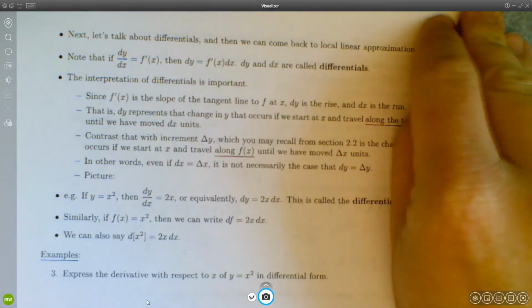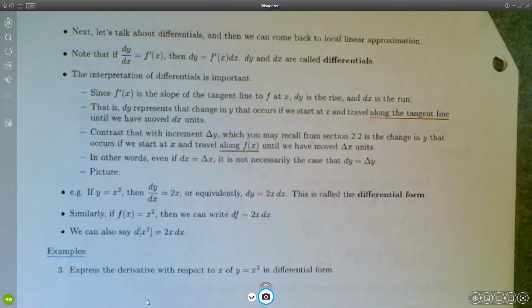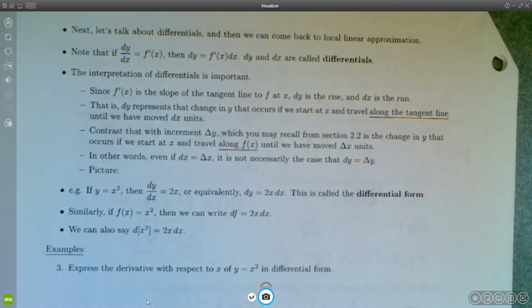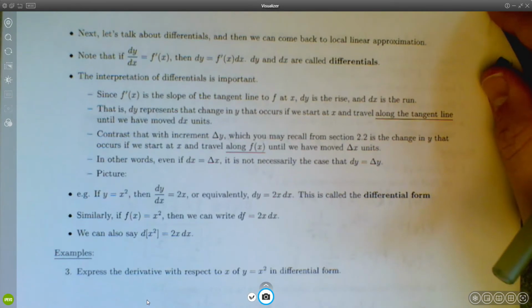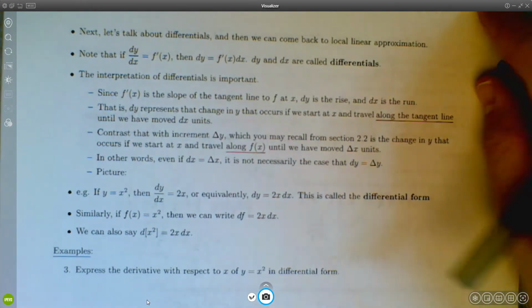So that's it for local linear approximation. It's not a difficult concept, but it is kind of cool, I think. I'm not much of a programmer, but I wonder if that might be one way that calculators calculate trig function values. They might just do local linear approximations, but really, really close ones or something.